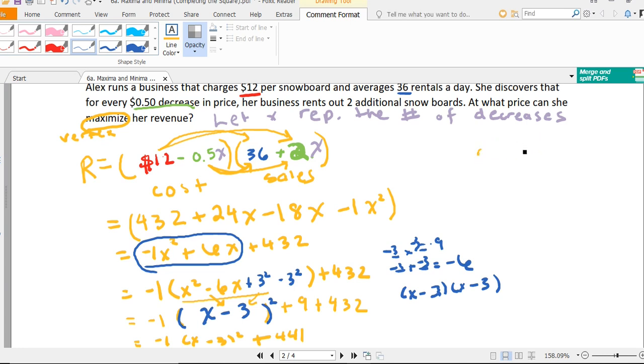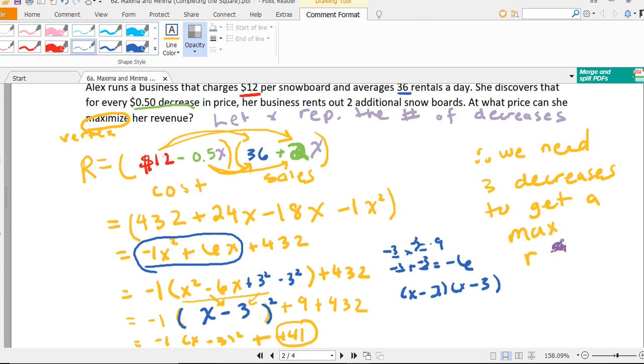Therefore, we need 3 decreases to get a maximum revenue of $441.